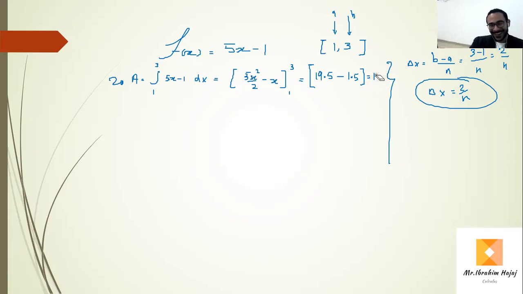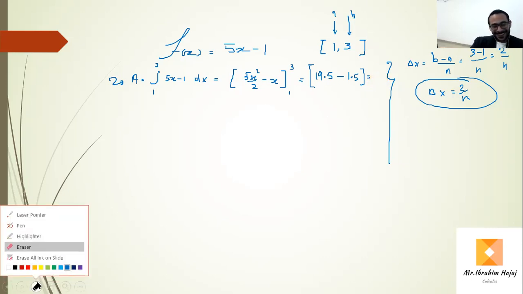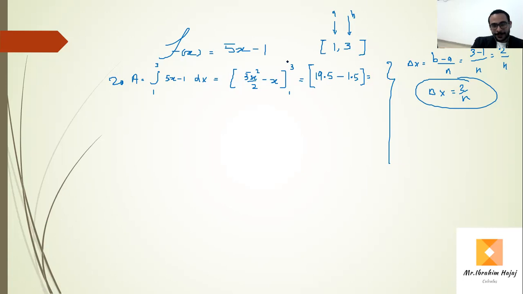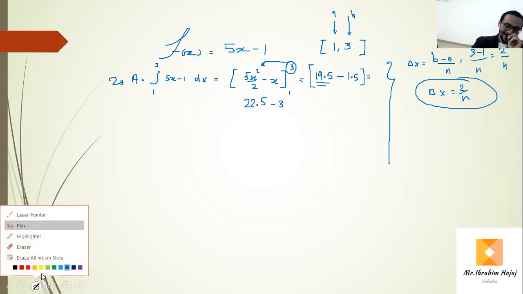I'm correct. When you substitute 3 here, x squared gives a 9. 9 times 5 is 45. 45 divided by 2 is 22.5. Minus 3 gives 19.5. Yes, you are correct, I'm sorry.